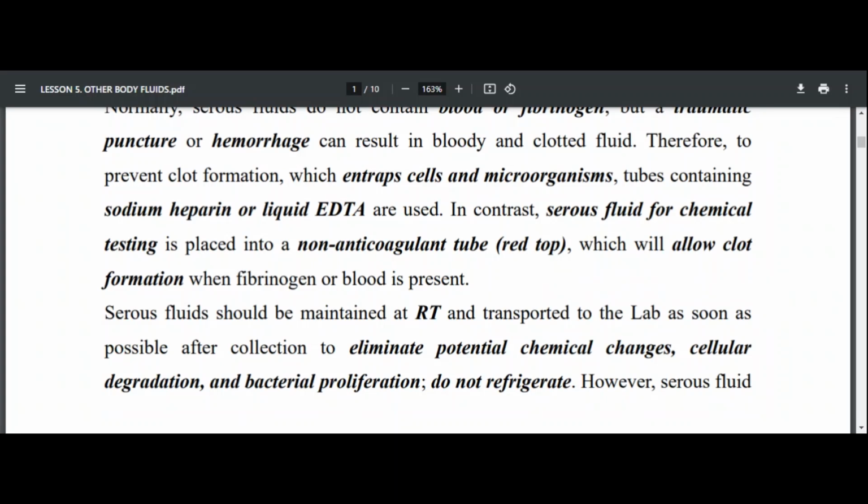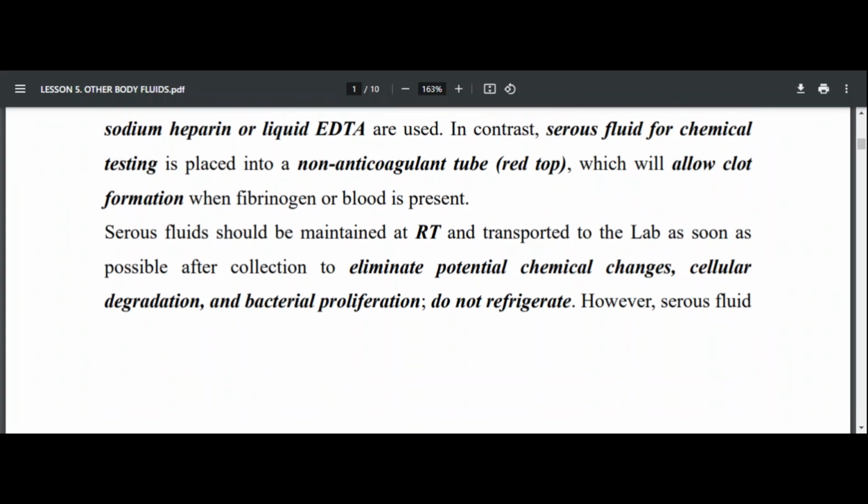Serous fluid should be maintained at room temperature and transported to the lab as soon as possible in order to eliminate any chemical change, cellular degradation, as well as bacterial proliferation. But as a common rule for body fluids, never refrigerate body fluids for laboratory testing. Don't refrigerate them.